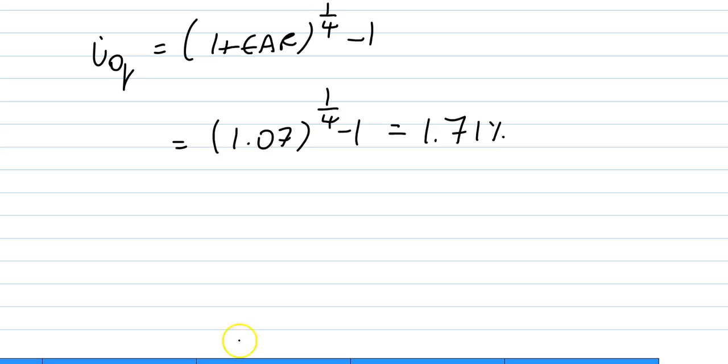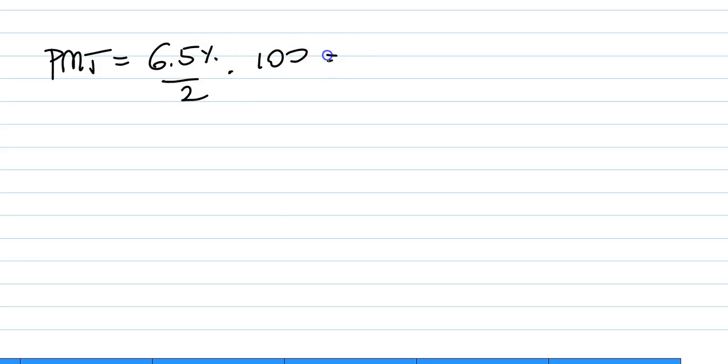Okay, so let's see. Alright, so what's the payment? What's the coupon on those bonds? The coupon is coupon rate divided by 2 times 100 of the face value, so it's 3.25.